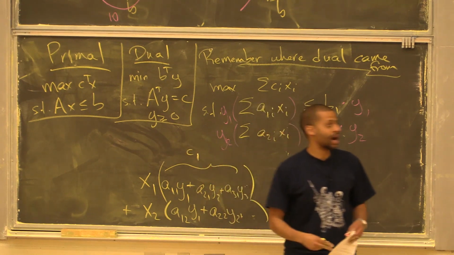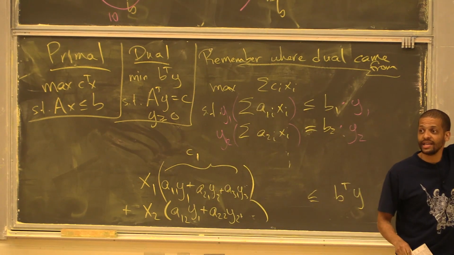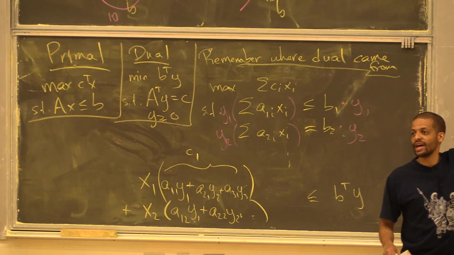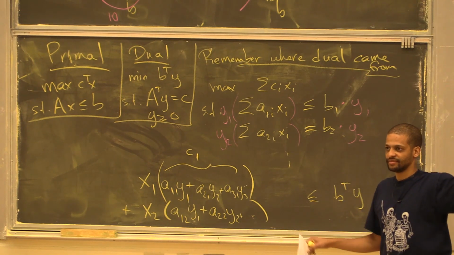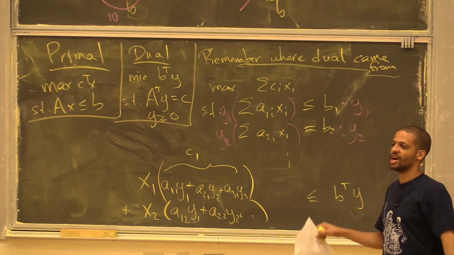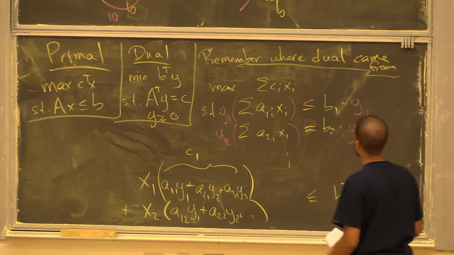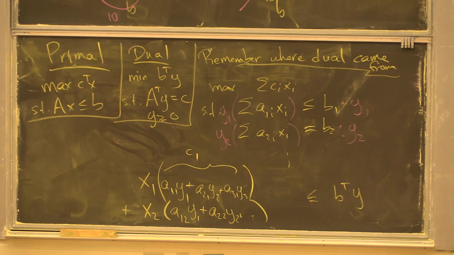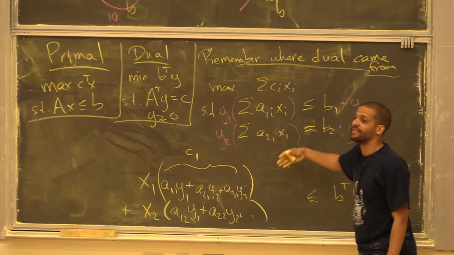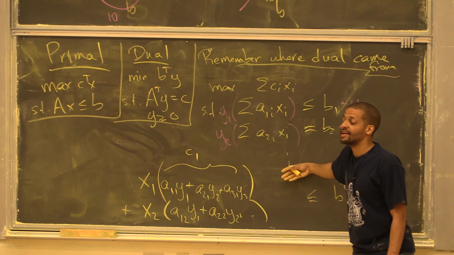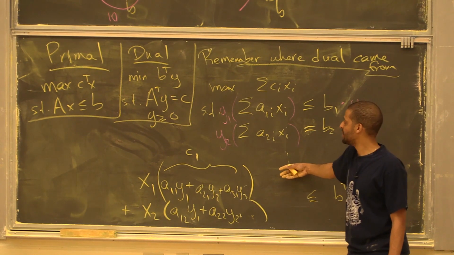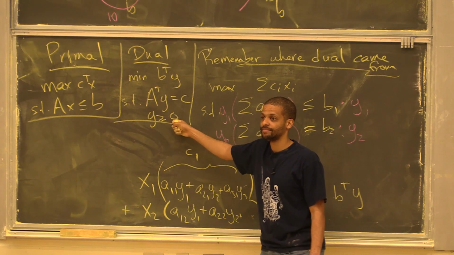But if it's an equality already, there's no direction to flip. So we don't care whether y2 is non-negative. So basically, when you have equalities like that, it means that the corresponding variables in the dual don't have to have the non-negativity constraint. Okay?